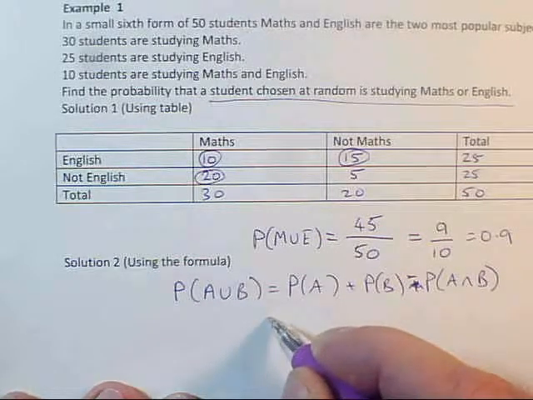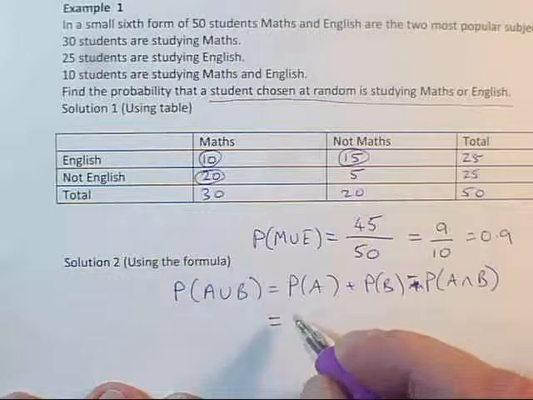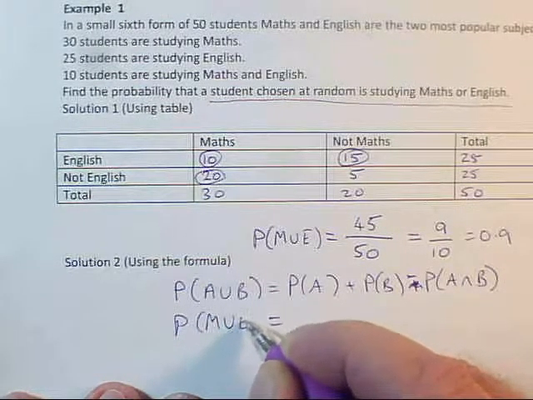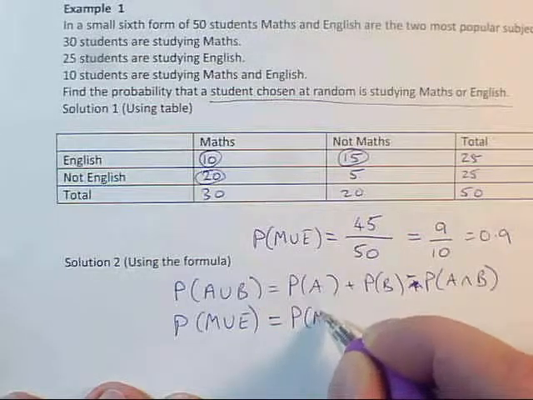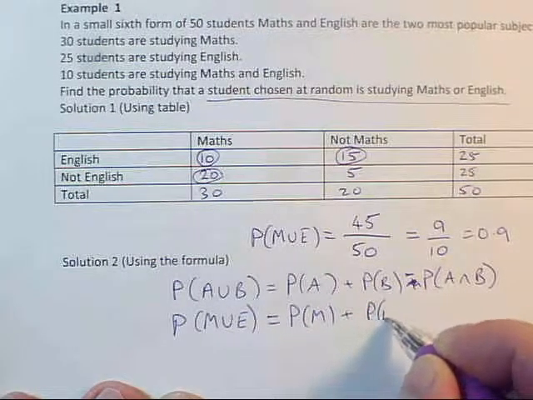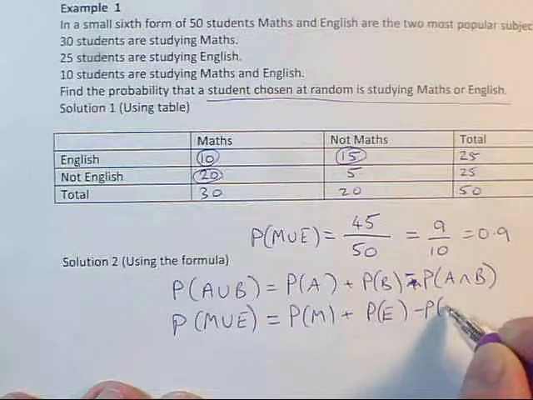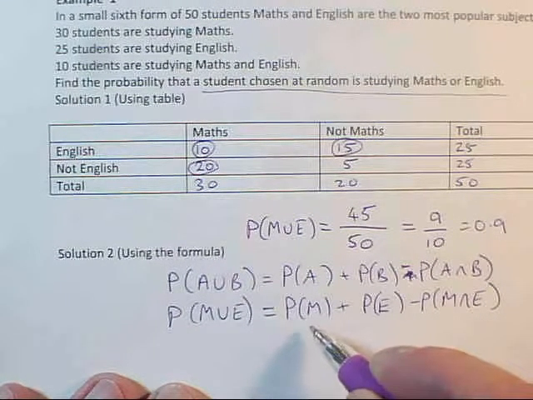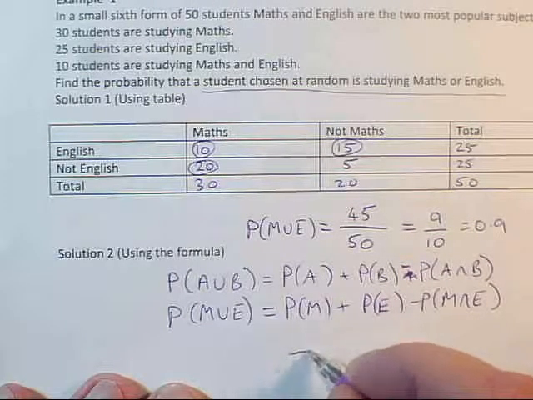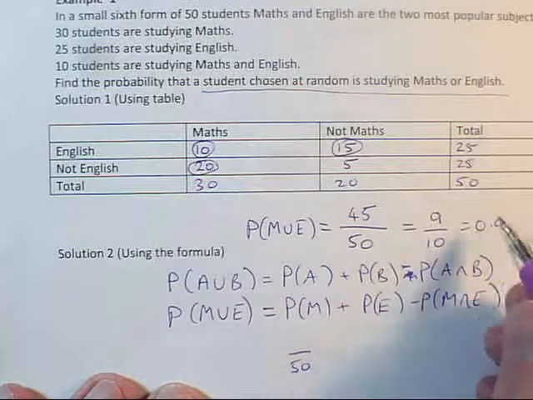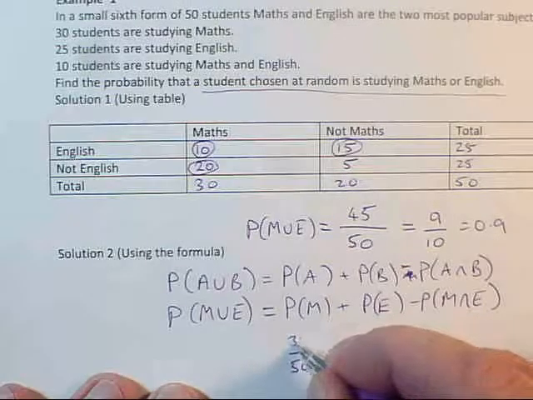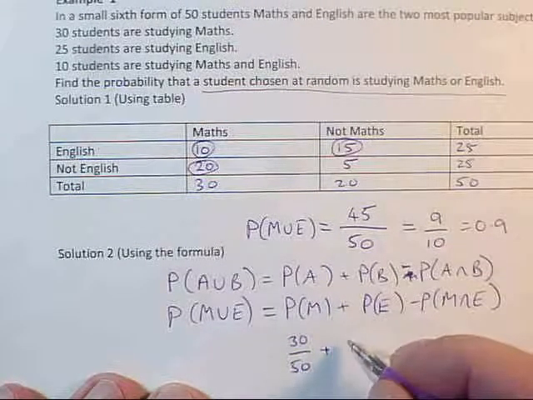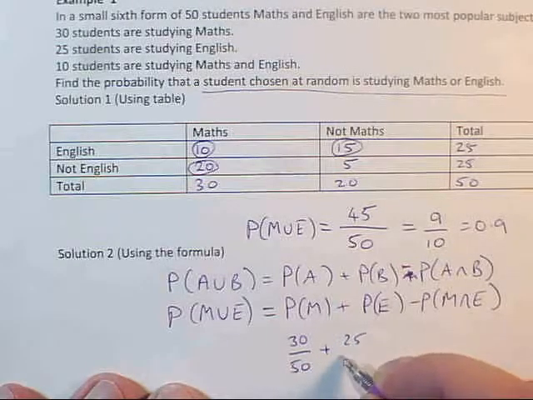So applying the formula, the probability of maths or English is going to be the probability of maths plus the probability of English minus the probability of both maths and English. So the chance you do maths is 30 out of 50, and the chance you do English instead would be this total 25 over 50.